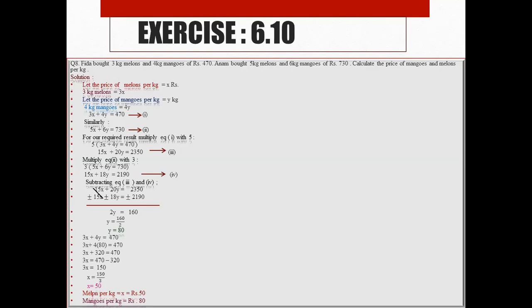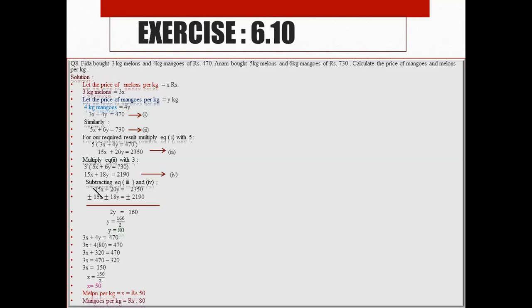In the question, 3 kg melons mean 3x, 4 kg mangoes mean 4y. They both together become rupees 470. So that's why we write 3x plus 4y is equal to 470.